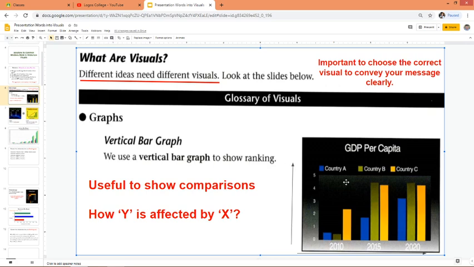These show rankings. Here you can see that each year a different country has the highest GDP per capita. In 2010 it was country C. In 2015 it was country B. In 2020 it was still country B. This is what they mean when they show ranking: who's number 1, who's number 2, and who's number 3?